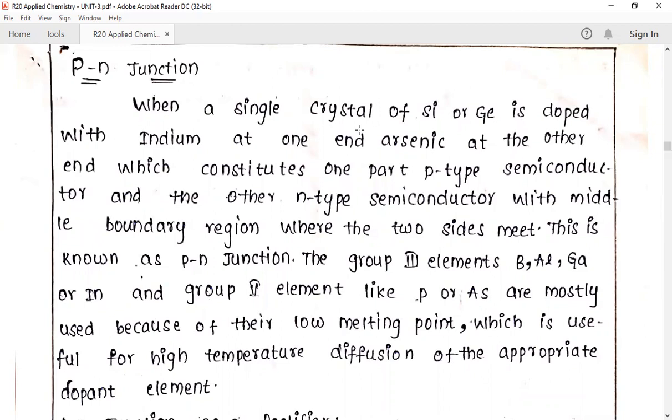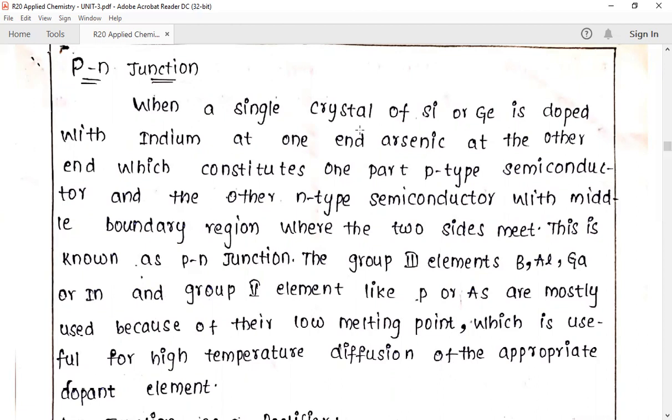The part doped with indium is considered a P-type semiconductor, and the part of the silicon crystal doped with arsenic is considered an N-type semiconductor, with a middle boundary region where the two sides meet. That boundary region or junction is known as the PN junction.